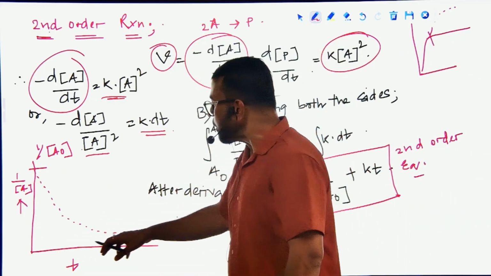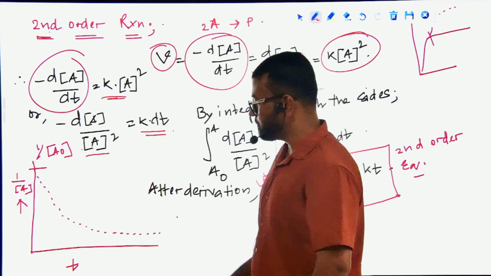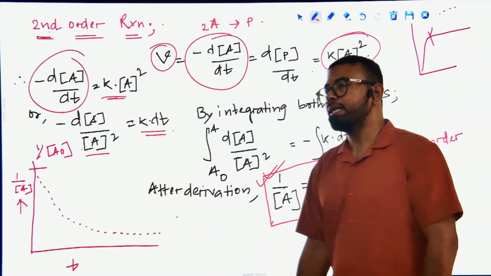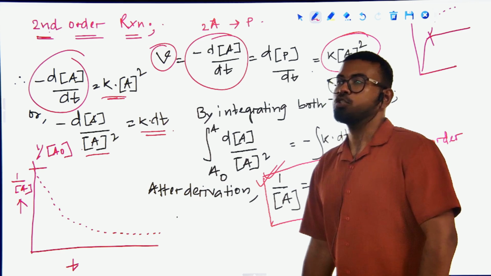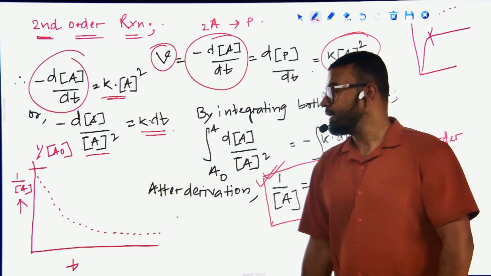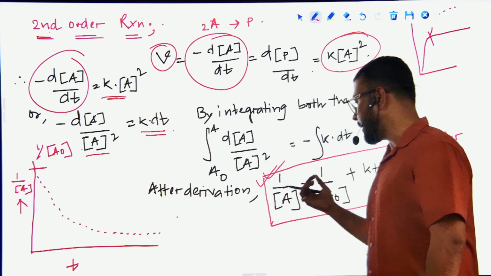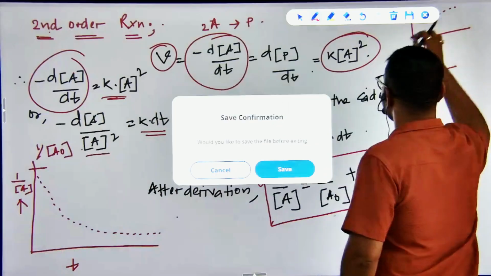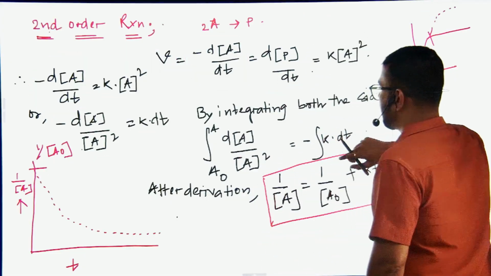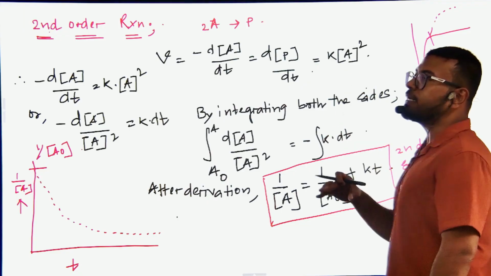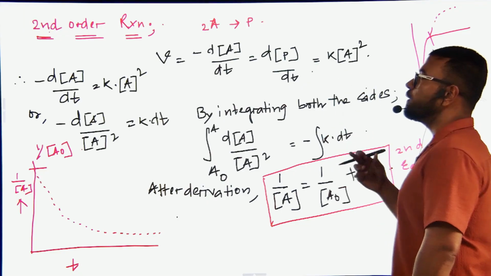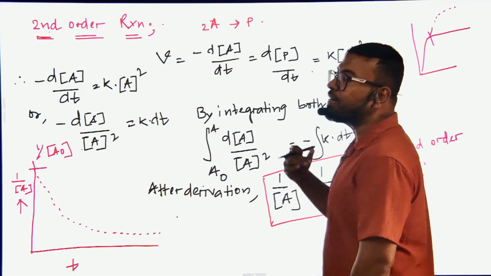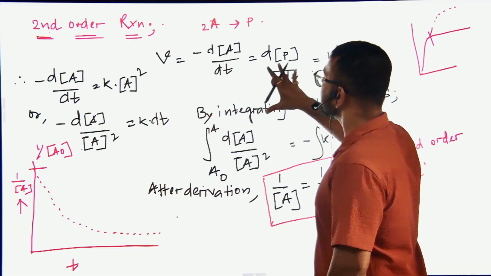And after plotting it, we will receive something like this. So for first order reaction, we have plotted against logarithm ln A equals to ln A naught minus kt. And over here, we have plotted something like this. Derivation is pretty simple. For over there, it's A converting into P. Over here, we are stating 2A getting converted into P. And the rest of the thing is same.